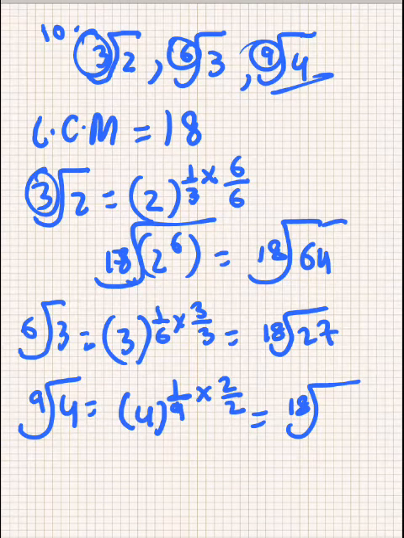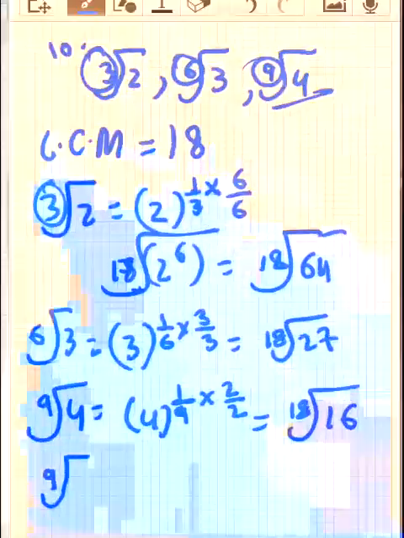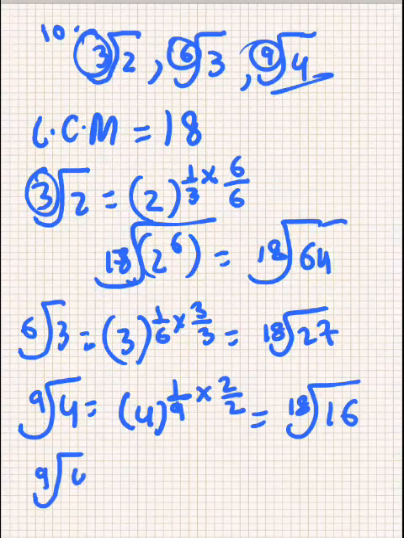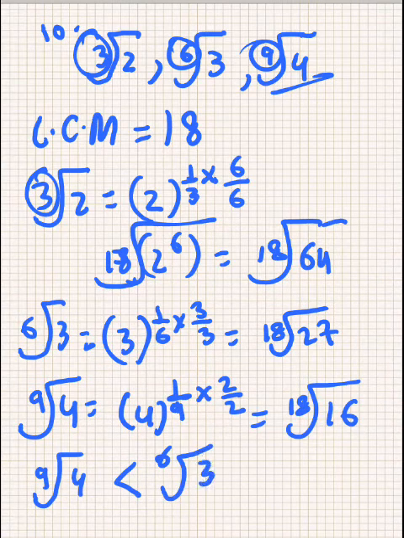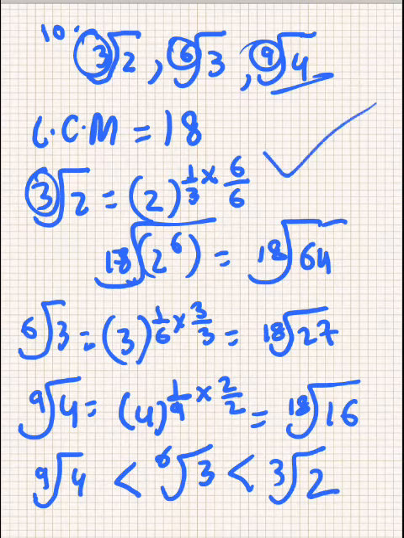Now we can easily find the ascending order. So the ascending order will be this first, after that it will be the 6, 3, and after that last this. So this was the solution for question number 10.